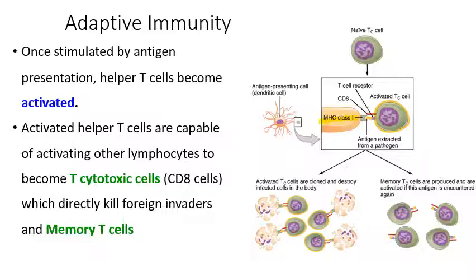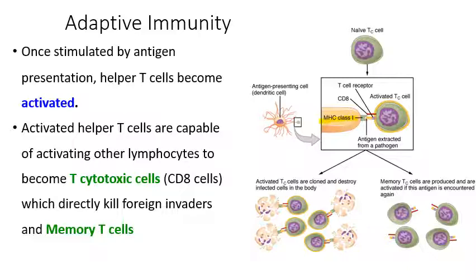He's going to activate some cytotoxic T cells, also called CD8 cells, because they have cell surface receptors that are CD8. Those CD8 cells are going to be capable of going out and destroying cells that are foreign invaders, and they can destroy cells that have been infected in your own body, similar to what a natural killer cell does, except this is a much more specific process.